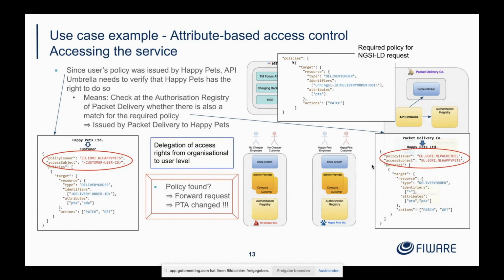So you have a delegation of these access rights: on the one hand, this user-level policy issued by the Happy Pets organization to their customers, stored at the registry of Happy Pets, and on the other hand, this policy stored at the packet delivery company, issued by the service provider to the organization that acquired access to it. Only if there is also such a policy allowing this NGSI-LD request, which maps to this required policy, is the access finally granted, the request forwarded, and the attribute changed.